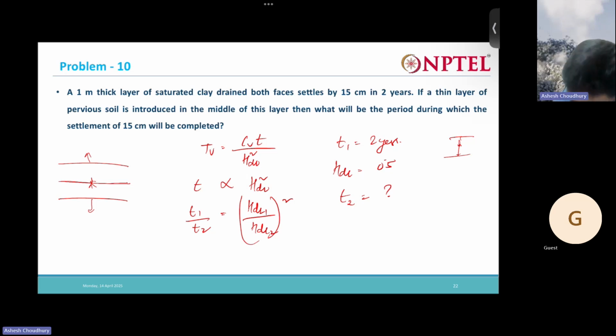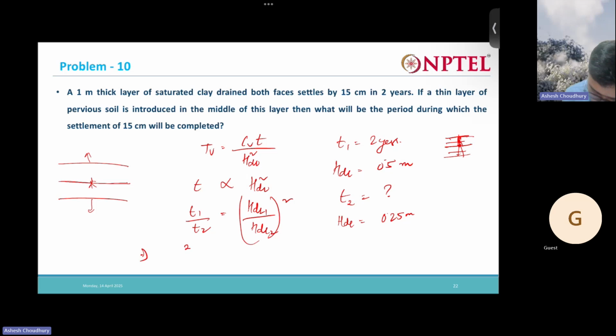Right, so this is done. Now I have to find when the H_dr is how much. So now you can treat this as 0.5 by 2. It's 0.5 by 2, okay, it's 0.25 meters, because here to here it will turn like this. So 0.25 meters. So how can we do it now?